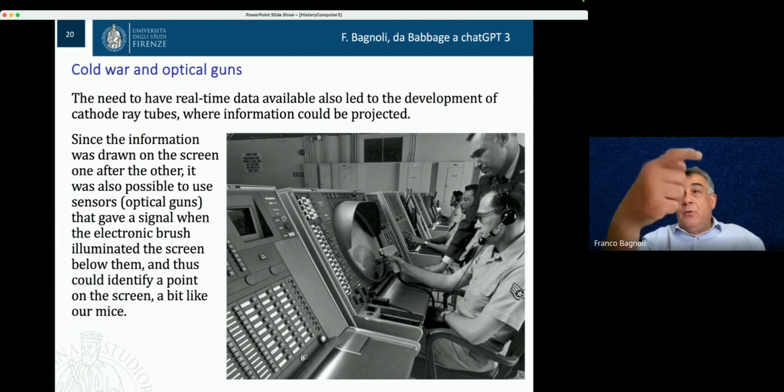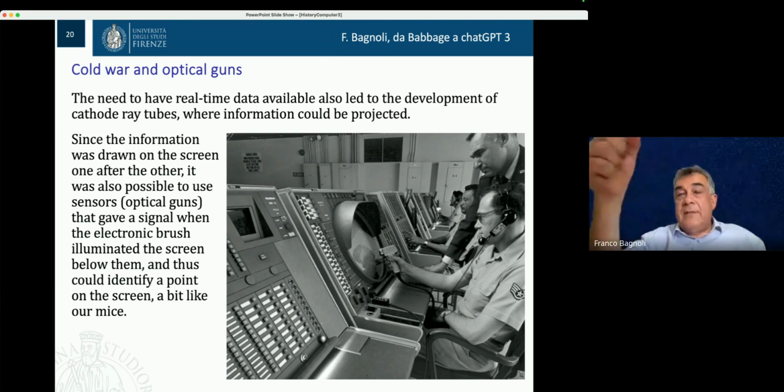So you could use this information to have something that moves following your gun.